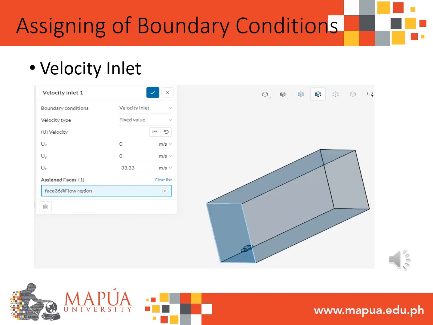On the enclosure surface in front of the car, we will assign the velocity inlet boundary condition. Velocity inlet is where the fluid will start to flow, and it will have a velocity of 120 kilometers per hour, or 33.33 meters per second, as we stated in our chapter 1.